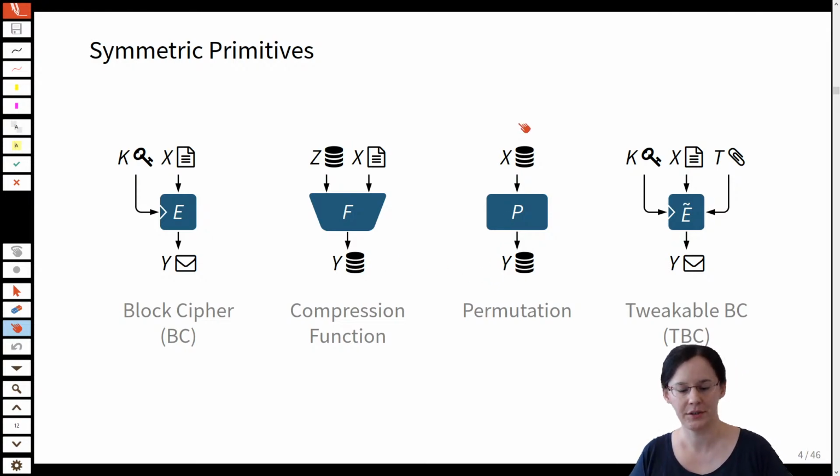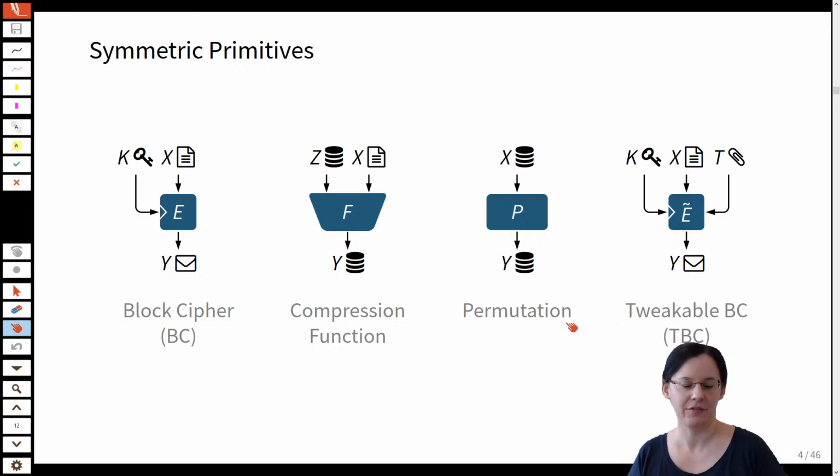A permutation is a bit similar in that it updates a large state and continues from there, but it doesn't actually have a separate input like for a text, for example. It just processes a state and gives you a new state, and that's it. If you want to add in any messages, you must do that yourself. And finally, there is a primitive that, like permutations, has become quite a bit more popular recently.